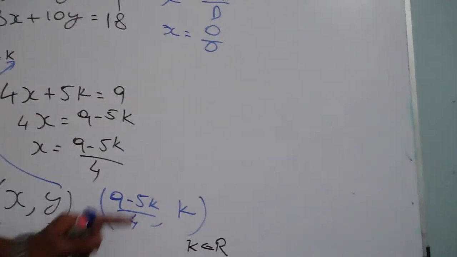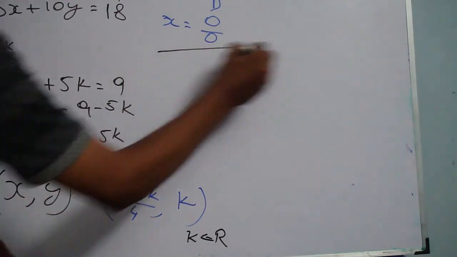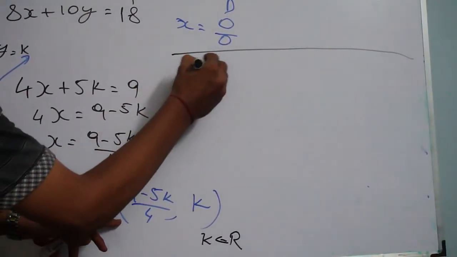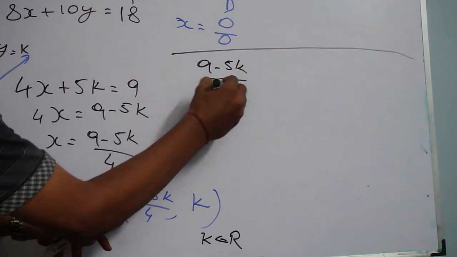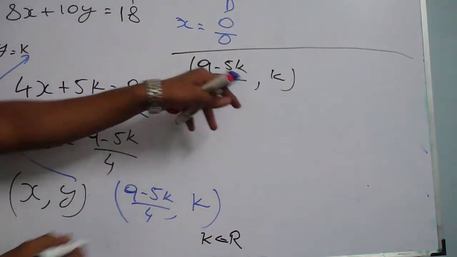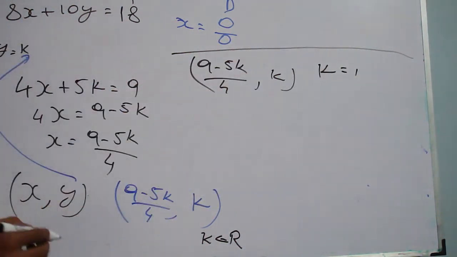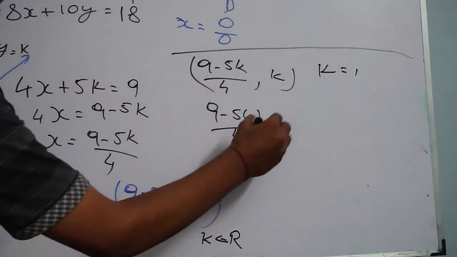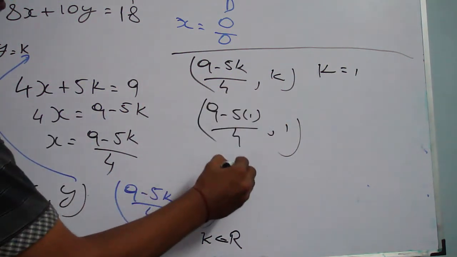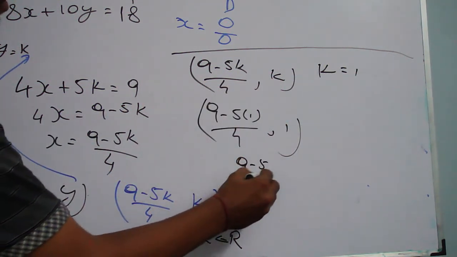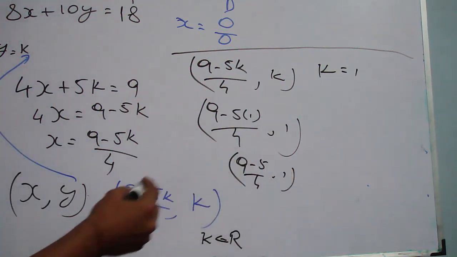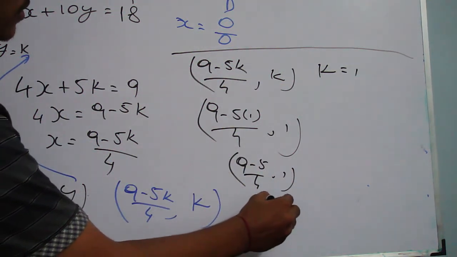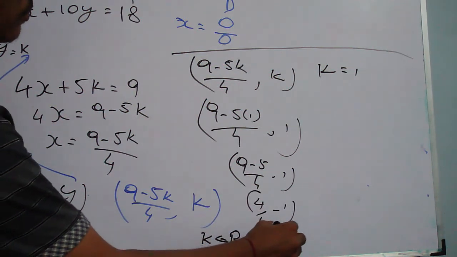It may be negative, or it may be 0, or it may be any positive number. For example, if I substitute k is equal to 1, what will be the answer? 9 minus 5 into 1 by 4 is 4 by 4, which is 1, so x is 1 and y is 1.